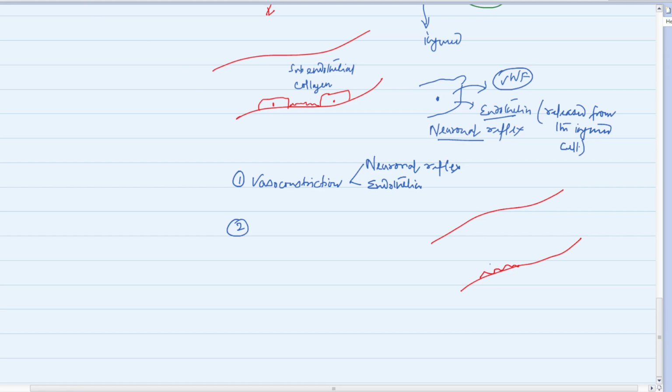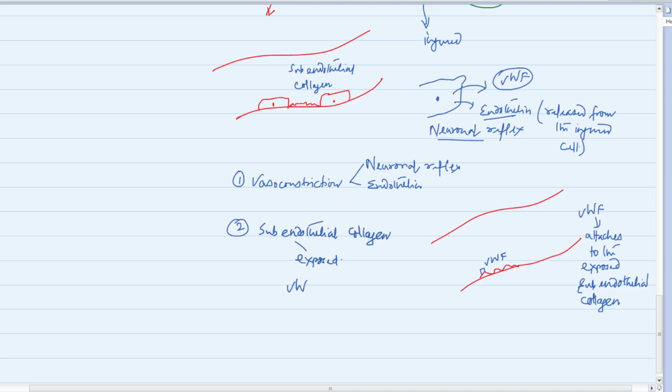The von Willebrand factor comes and attaches to the exposed subendothelial collagen. So the second event is that subendothelial collagen is exposed, and von Willebrand factor attaches to this collagen.